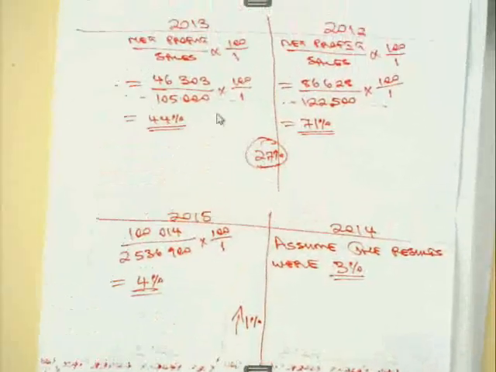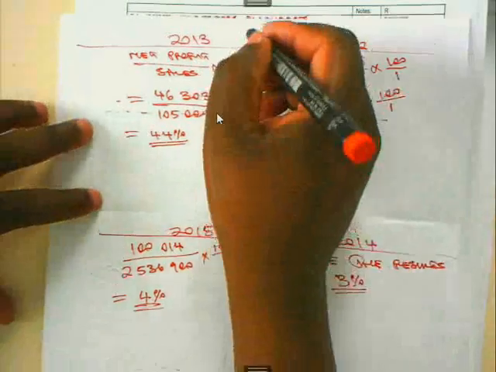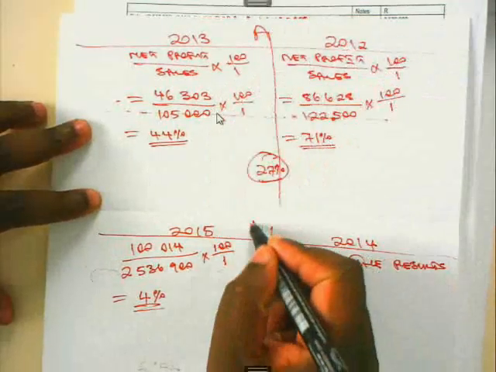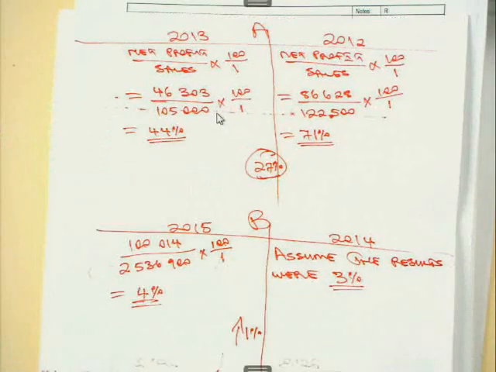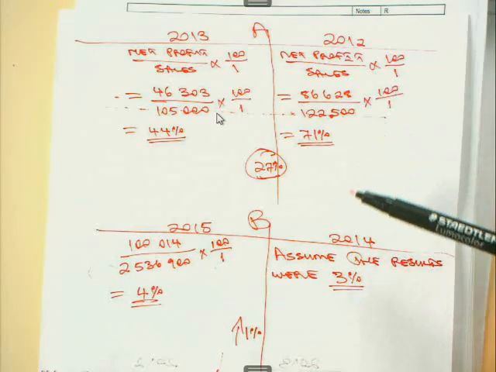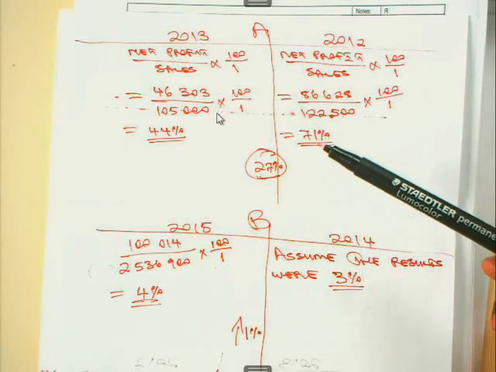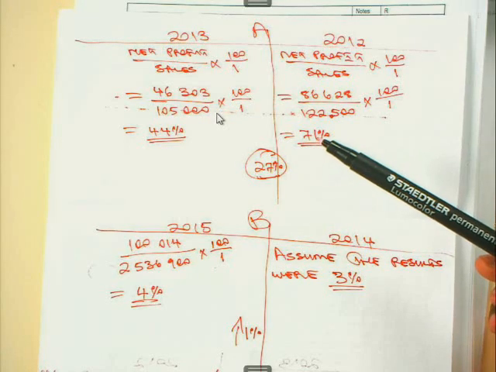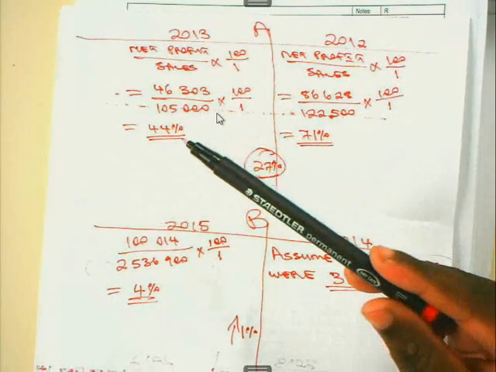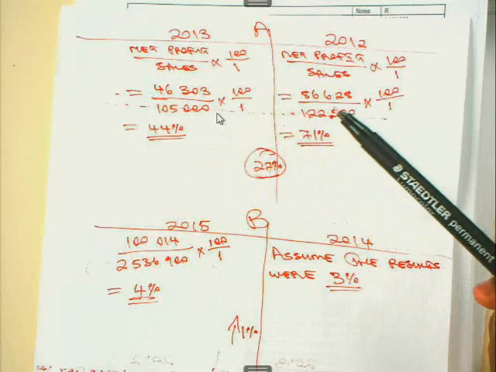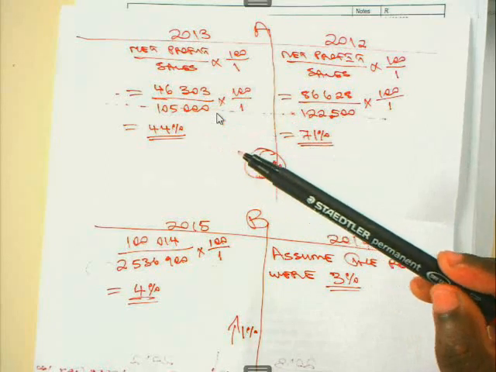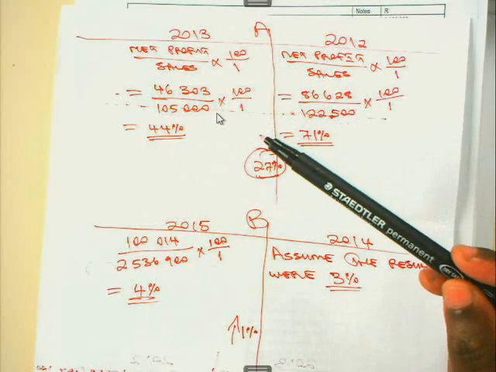So I just want to talk to this result, that when you compare activity A and activity B, the net profit as a percentage of sale declined from 71% to 44%. But these profit margins are acceptably high.